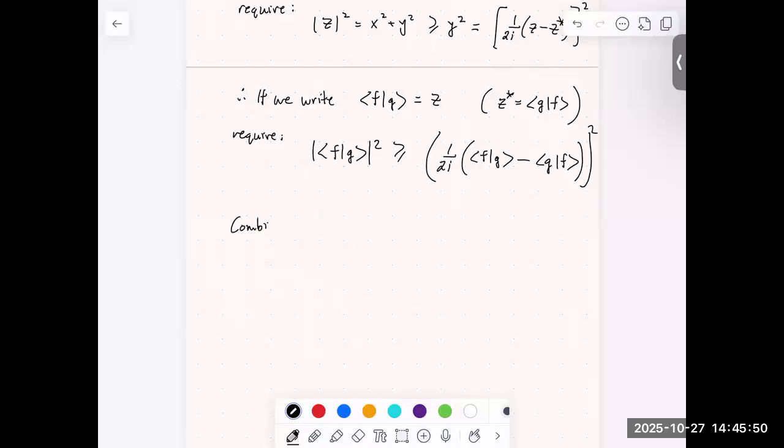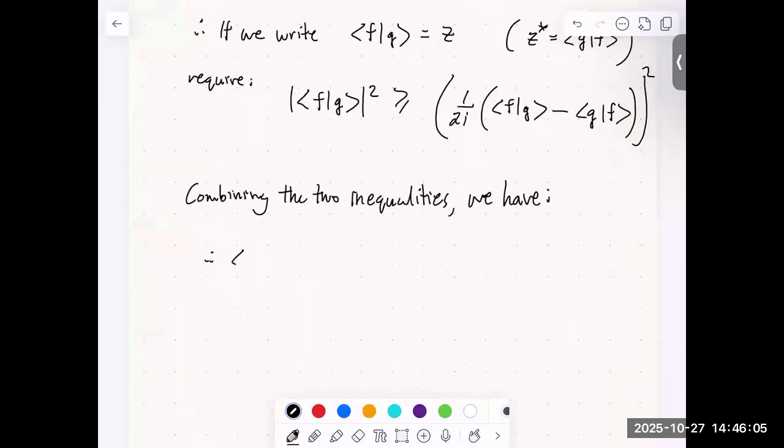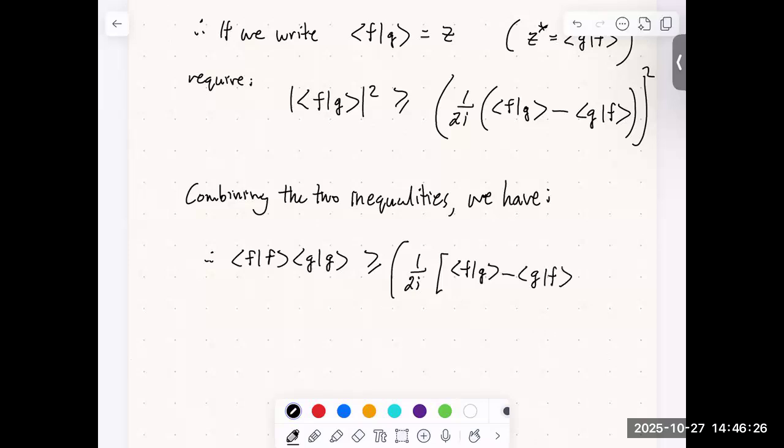Okay. So combining the two inequalities, we have, okay, so this is what we started with, and this has to be greater than or equal to now 1 over 2i, fg minus gf, squared.